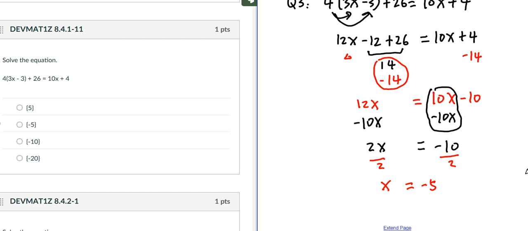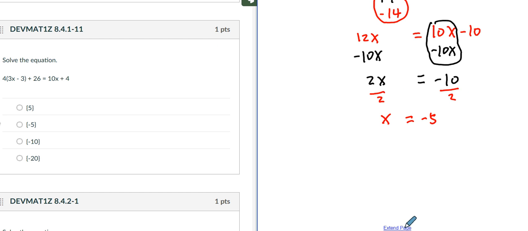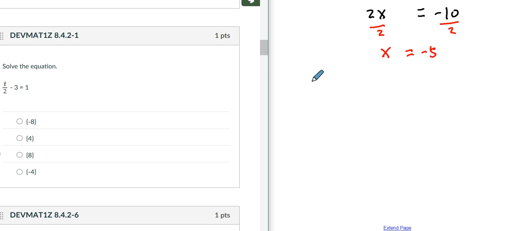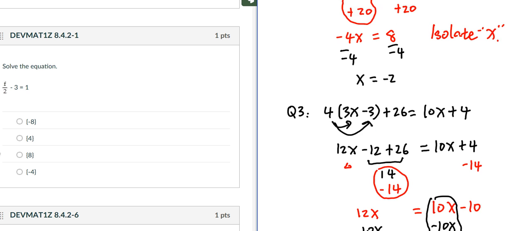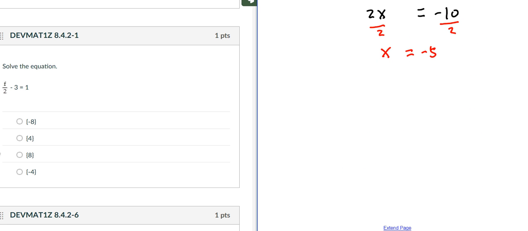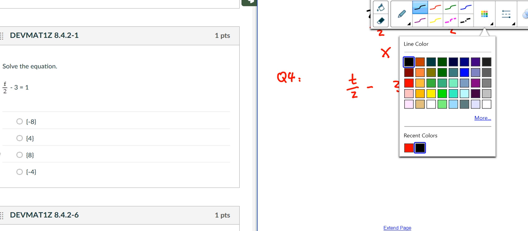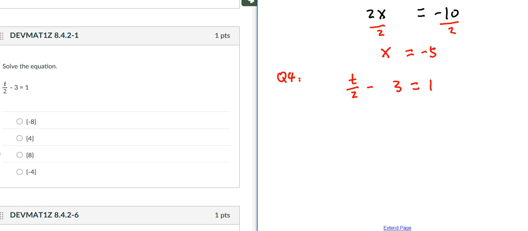Now, keep going. Question 4. Is that 4 now? Yes, question 4. For question 4, we have t over 2 minus 3 equals 1. Here is the way to deal with fractions.